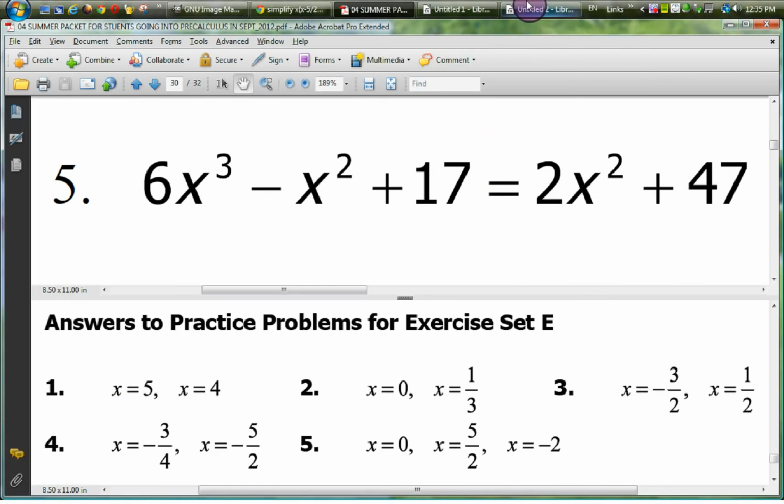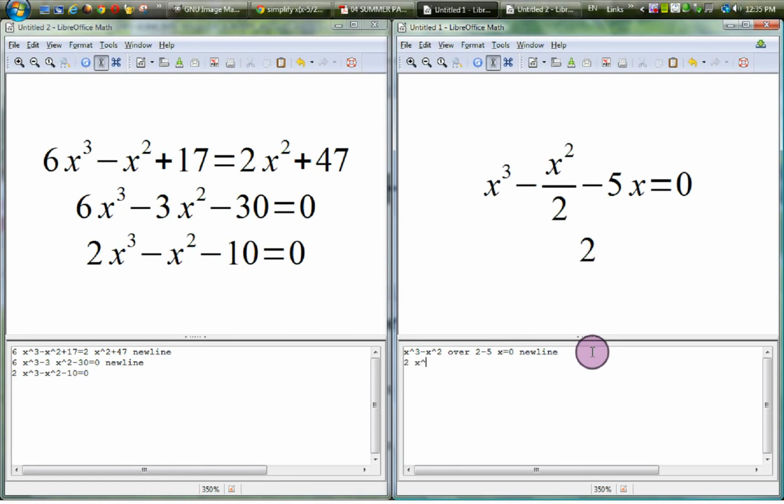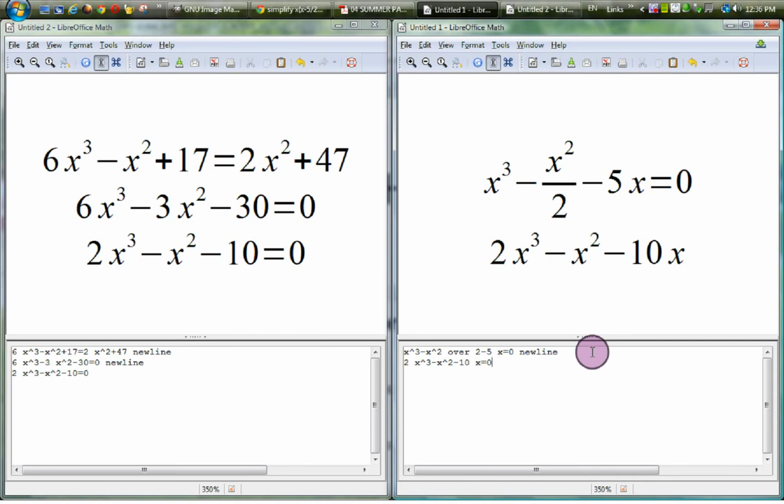So now, I'm going to multiply everything by 2. So that's 2x cubed minus x squared minus 10x equals 0. That's what you get when you multiply everything by 2.